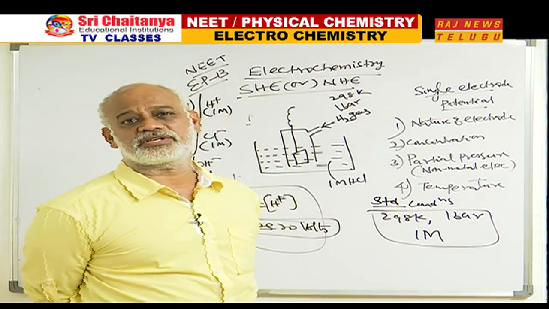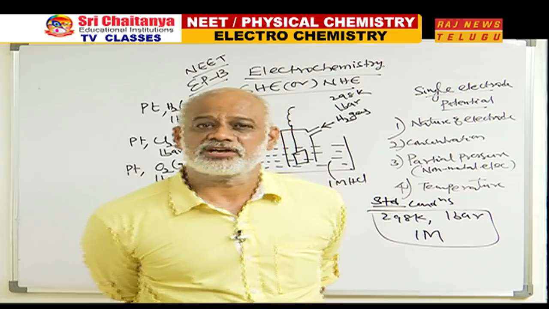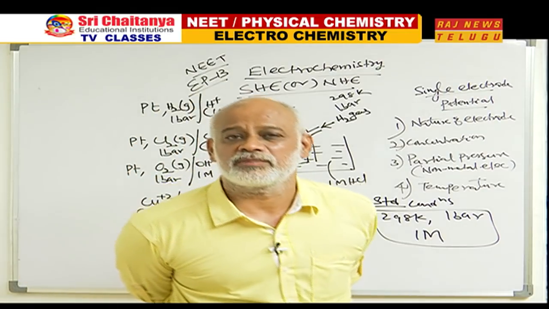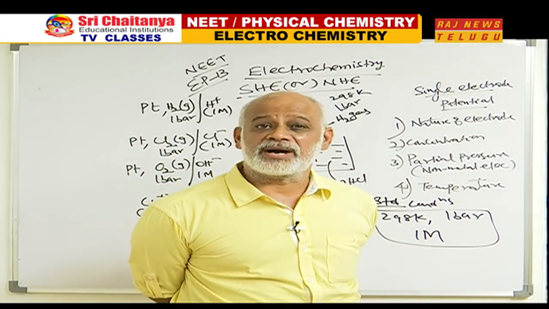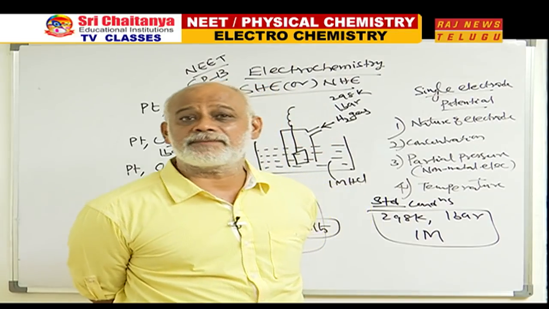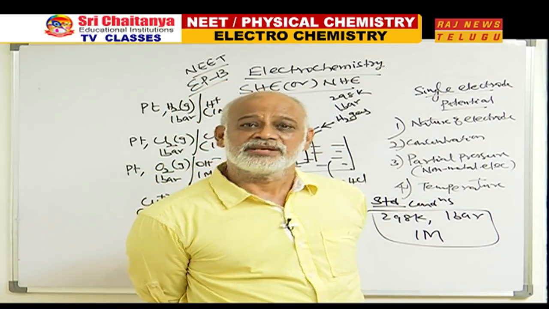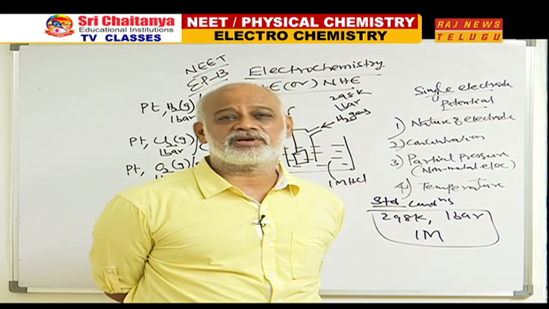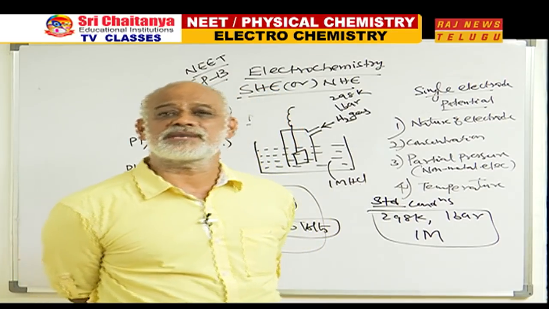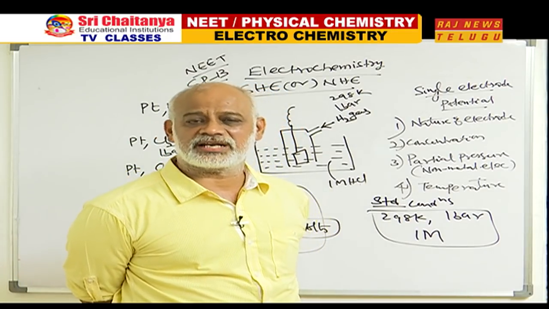So, single electrode potential not only depends on the concentration of the solution, but also on the partial pressure of the gas bubbled through the solution. But this partial pressure becomes important only if there are gas electrodes or non-metal electrodes.